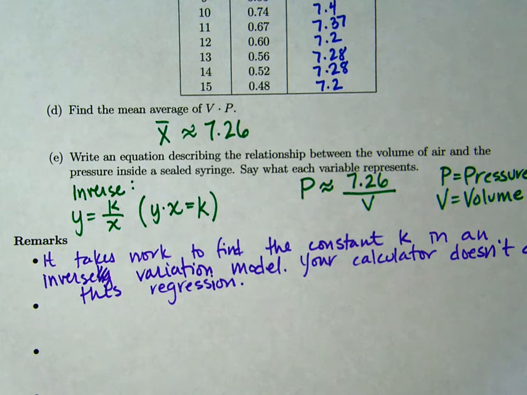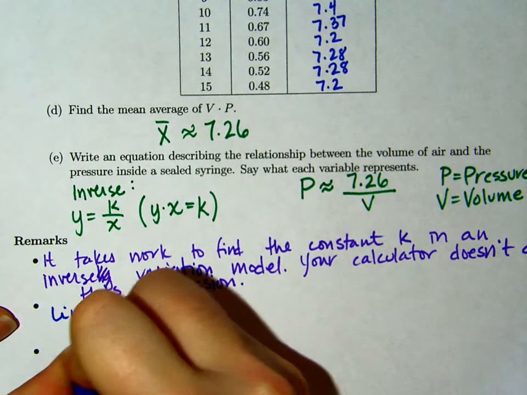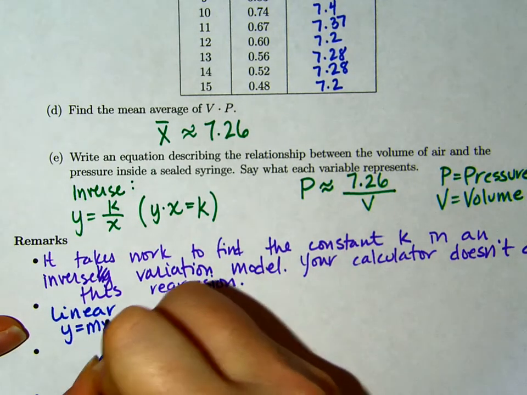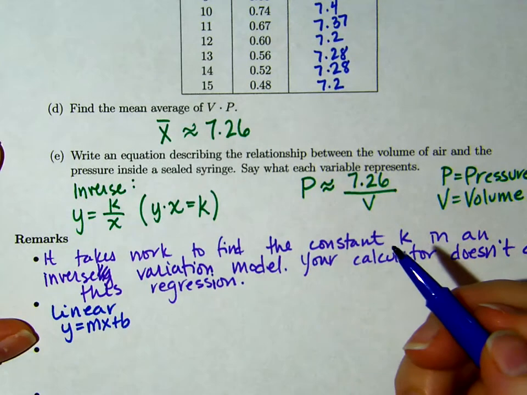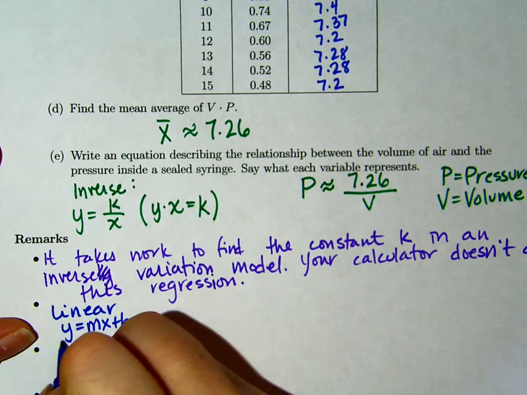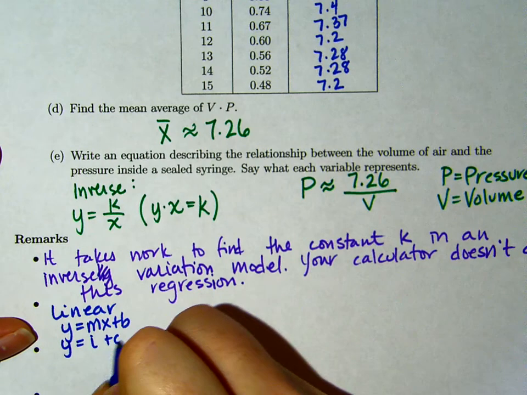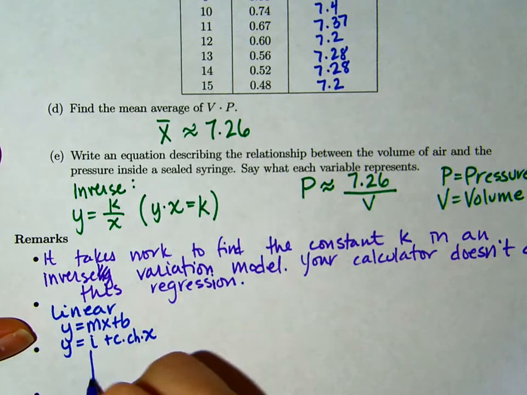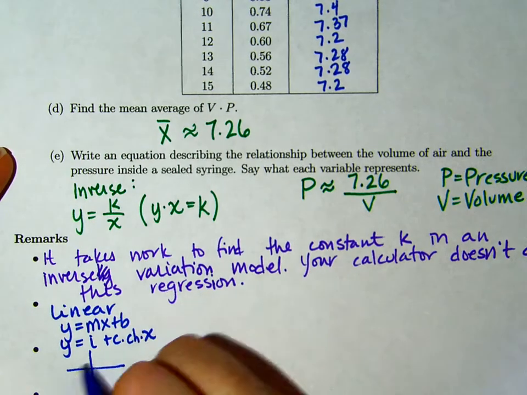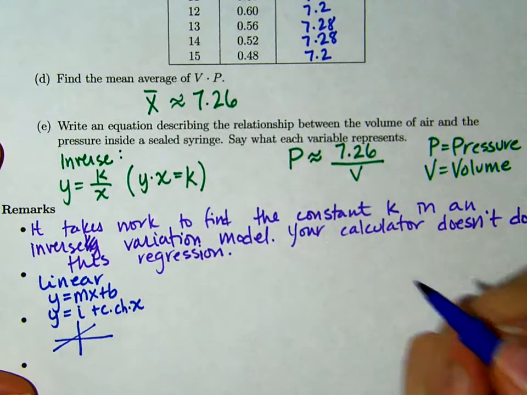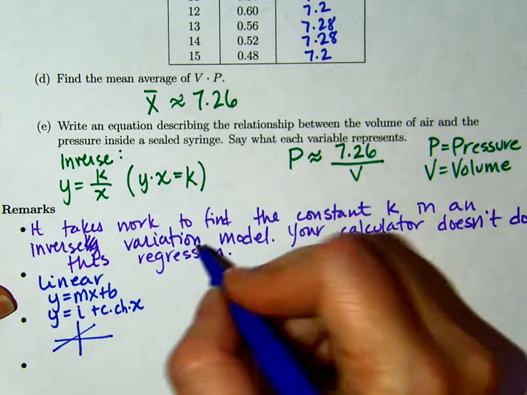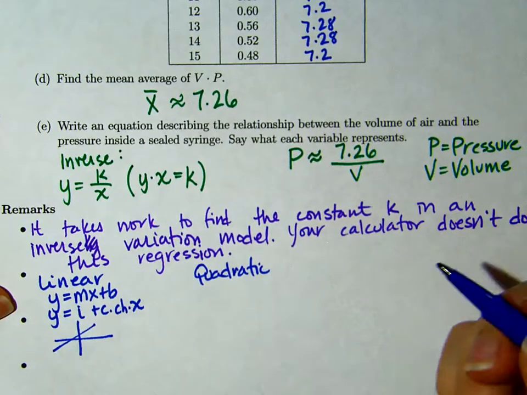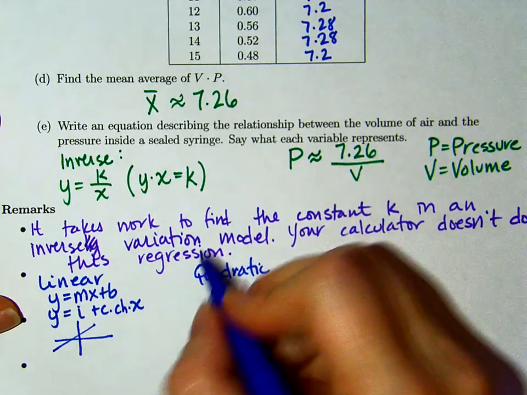Okay. More remarks is that we have several models now. We have a linear model, where I write y equals mx plus b, but immediately I'm thinking it's the initial plus the constant change times x. We also have a quadratic model. This model had curvature.